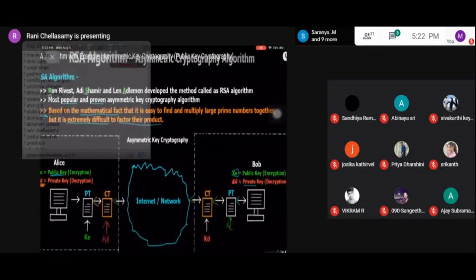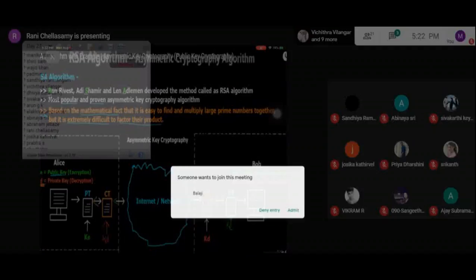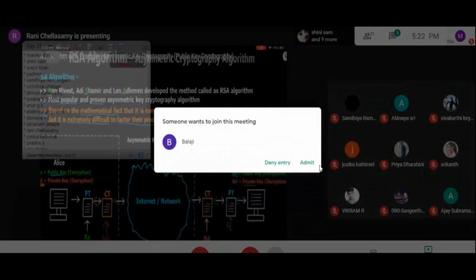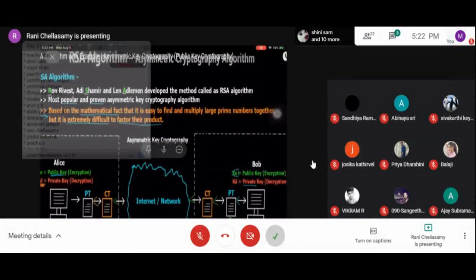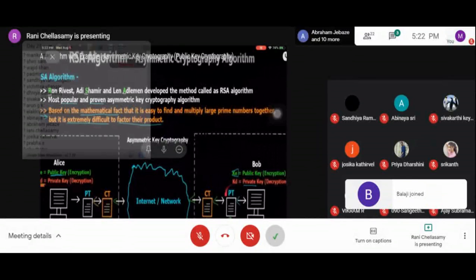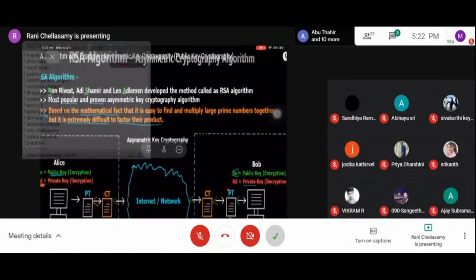If Bob wants to send a message to Alice, he uses the plain text and the public key. With these, he converts it into ciphertext, which is passed on to the internet and received by Alice.